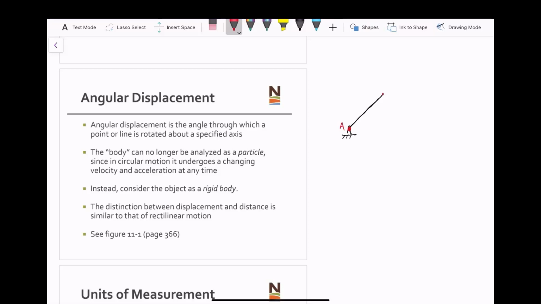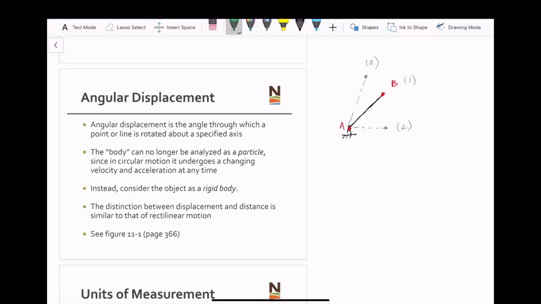We have point A, and we have point B. Point B rotates about point A, and it goes to 3 different positions. It starts at position 1, and it moves to position 2, and then moves again up to position 3.